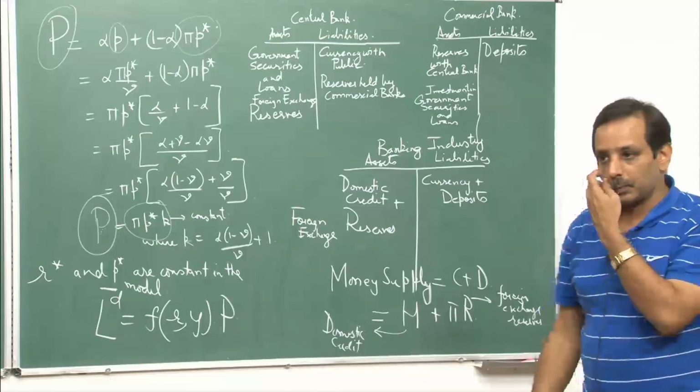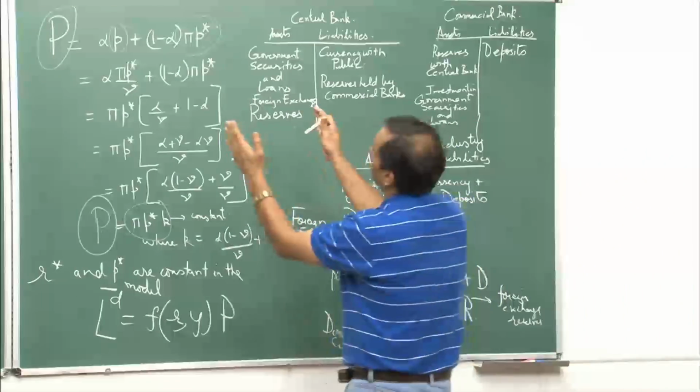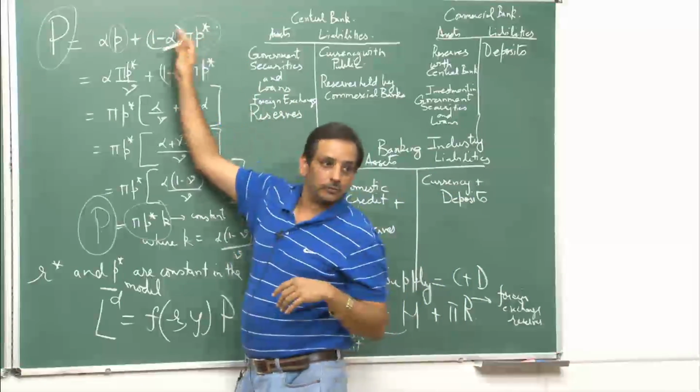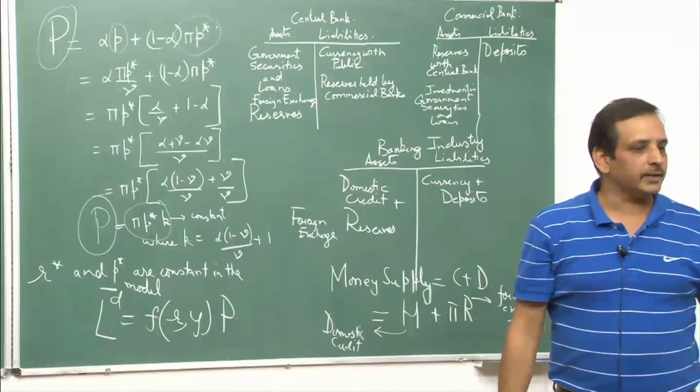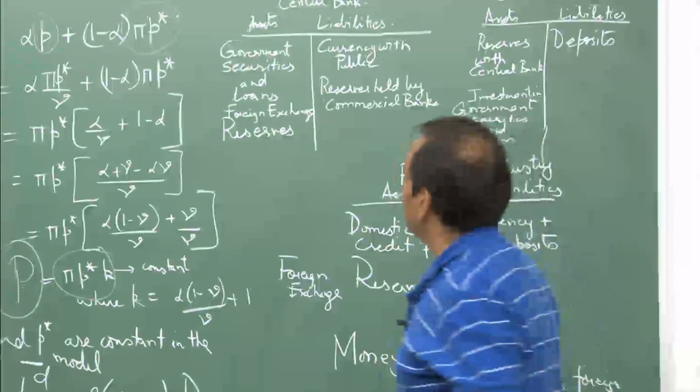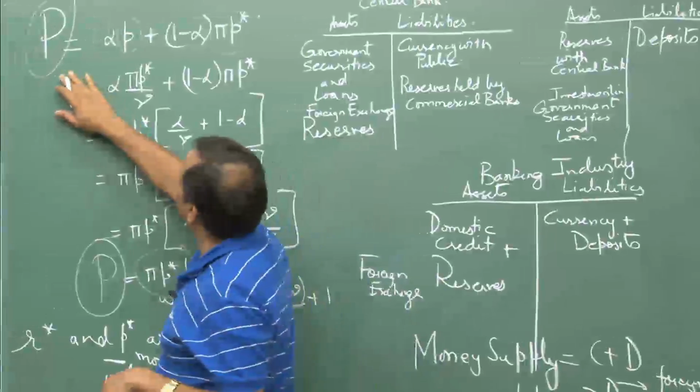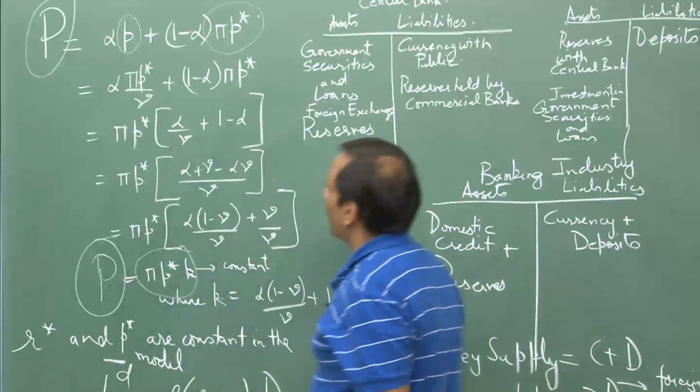So, it's a weighted average of these two. It's a price index. This is the big P.